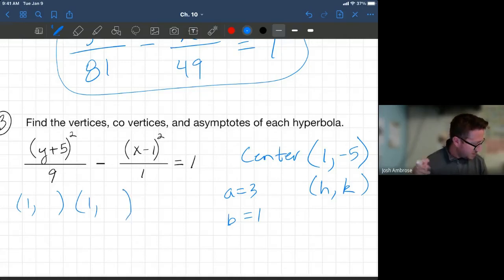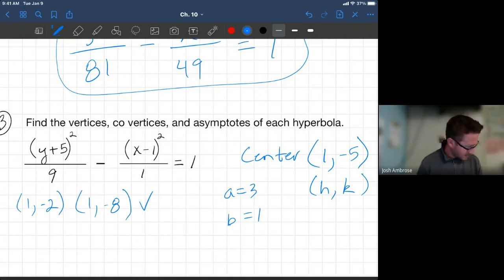Okay, and we're going to do k plus a. k is negative 5, a is a positive 3. So k plus a is going to give us a negative 2. And then we're supposed to do k minus a. So negative 5 minus 3 is going to give us a negative 8. All right, and right here what we were calculating, these are the vertices.